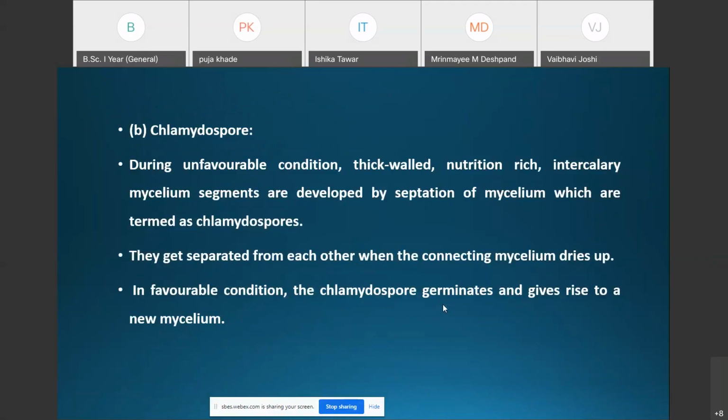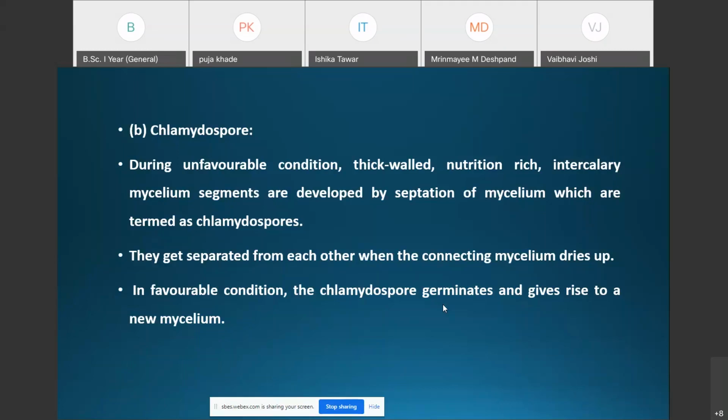During unfavorable conditions, thick-walled, nutrition-rich intercalary mycelium segments are developed by the septation of mycelium, and these are termed chlamydospores. Generally during unfavorable conditions, a large amount of food material accumulates in the intercalary mycelium, it secretes a thick wall, and that particular structure is referred to as the chlamydospore.